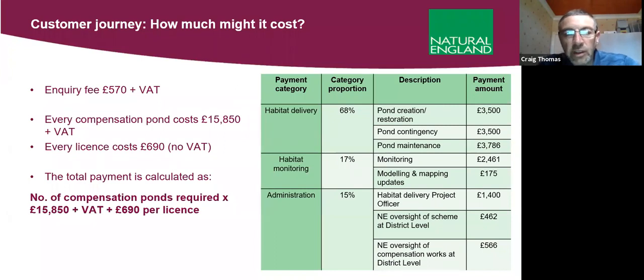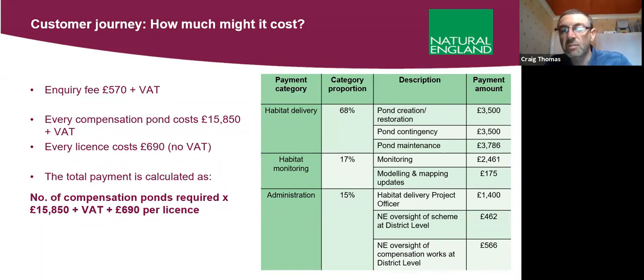We have reviewed the costs of delivering habitat and the cost to DLL for a developer over the last 12 months, and they've been subtly adjusted. So every compensation pond costs a developer £15,850 plus VAT. We have actually brought the inquiry fee down, and each license costs £690.